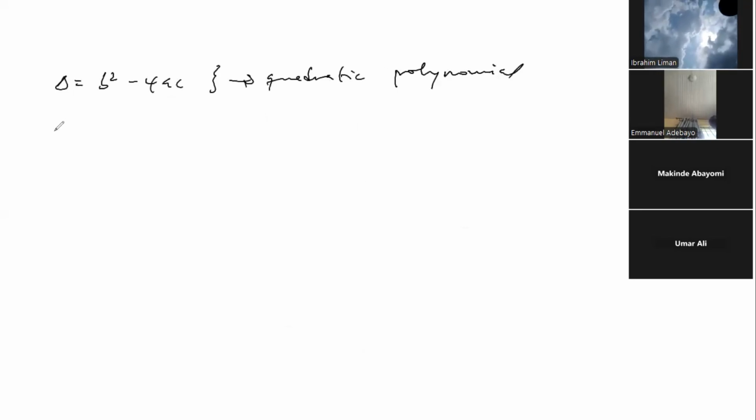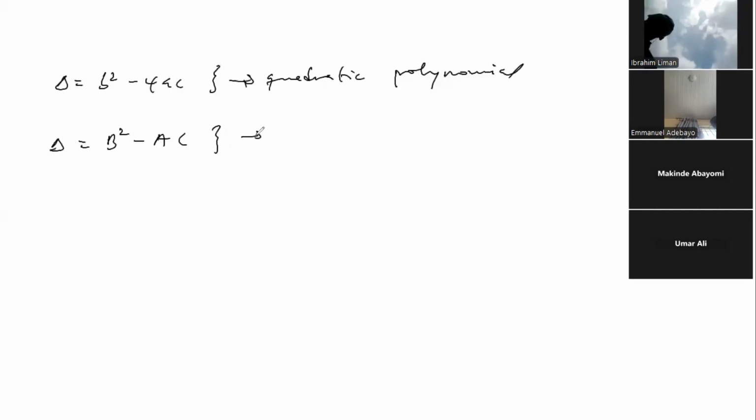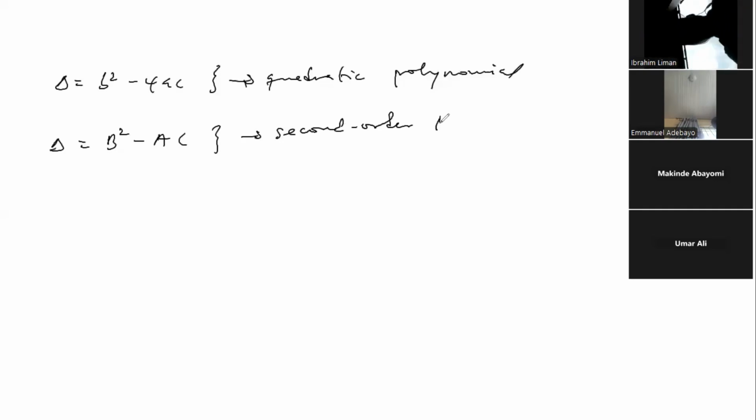And then we have now delta being the same as b squared minus ac for our second order partial differential equation. So in the case of the quadratic polynomial, the discriminant literally determines the nature of the roots of this equation, okay?